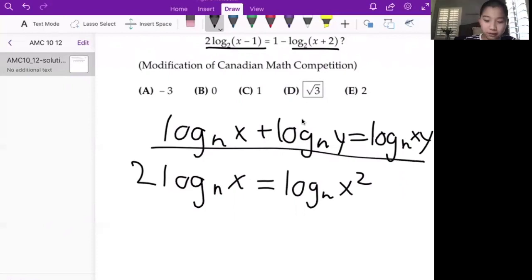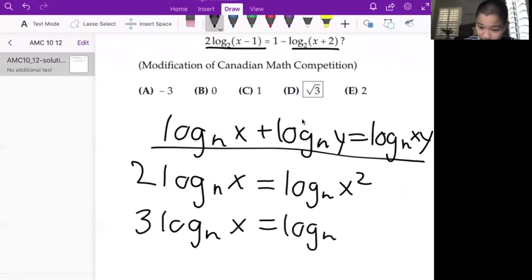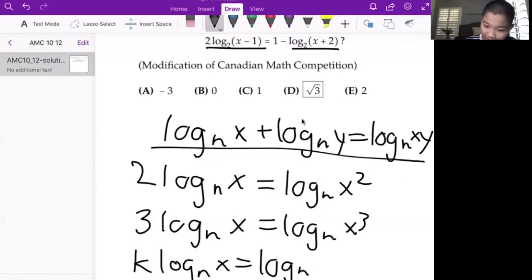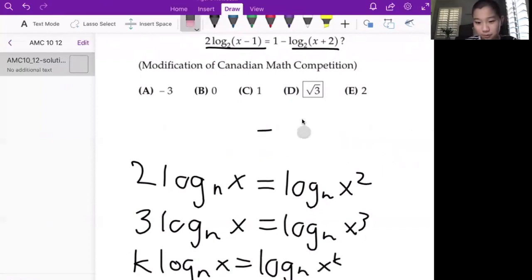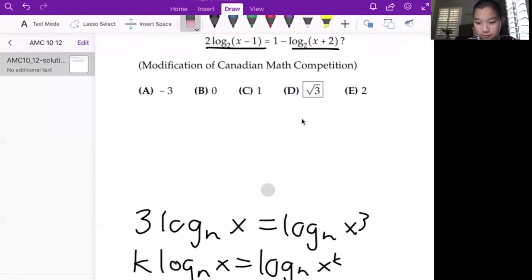And you can just keep adding log n of x, so you can get log n of x cubed. So k times log n of x is equal to log n of x to the power of k. So that's the formula that we're going to use.